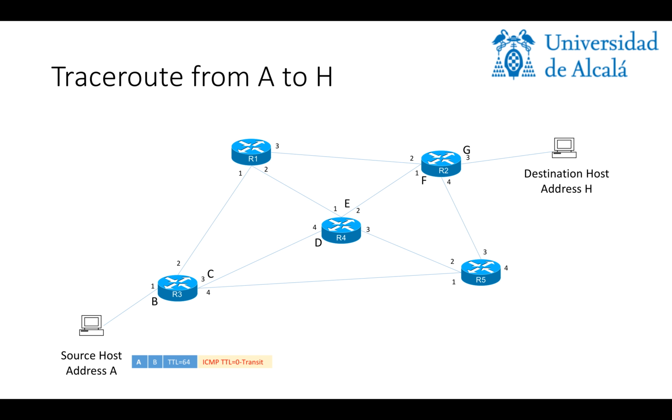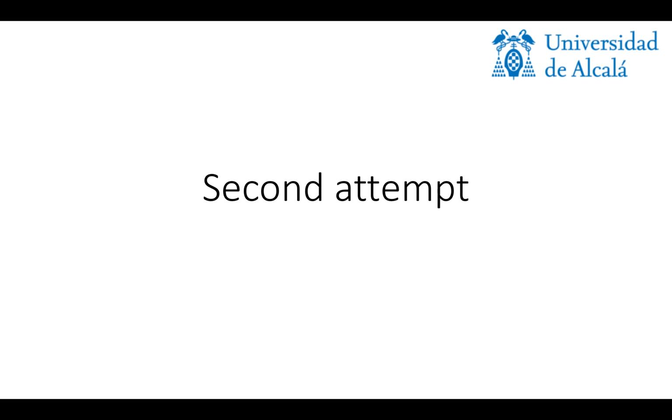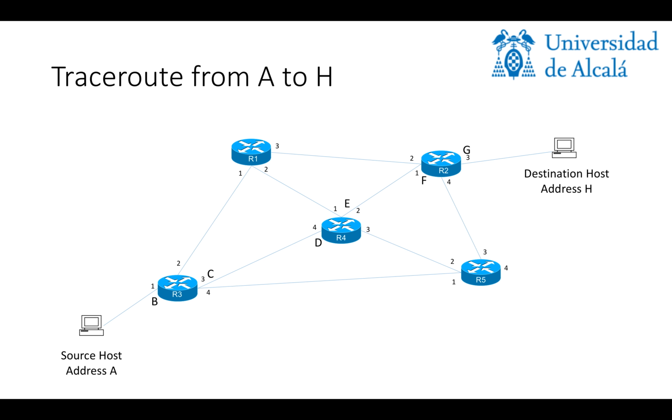So now A is going to make a second attempt, and in this second attempt, it's going to send the same IP packet, but this time with TTL equal to 2. So this packet will reach R3, which decrements the value of the TTL, and then forwards it to R4, which in turn will also decrement the TTL value. Now the TTL value reaches 0, so R4 drops the packet.